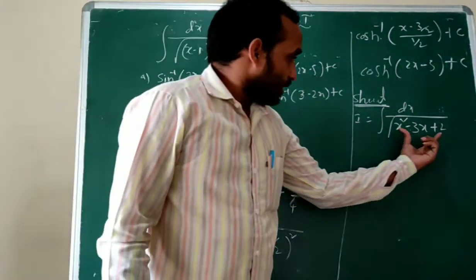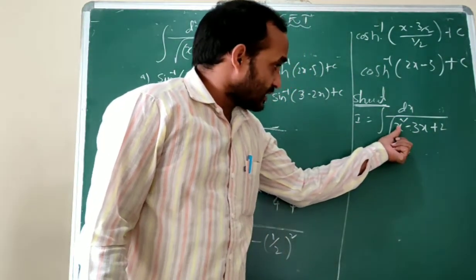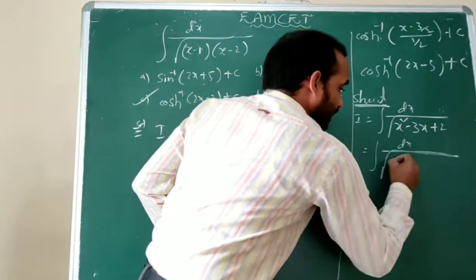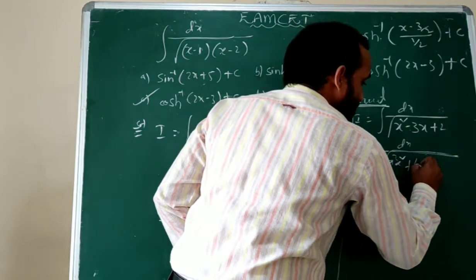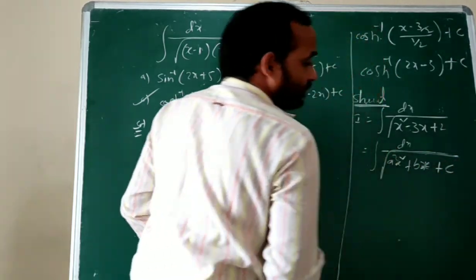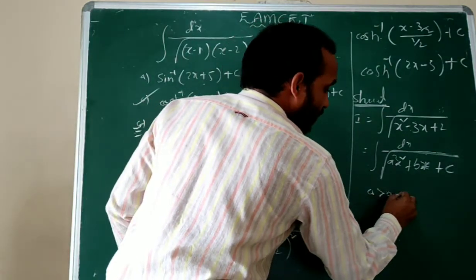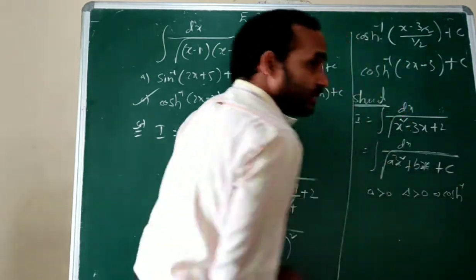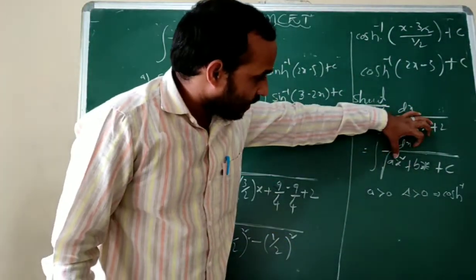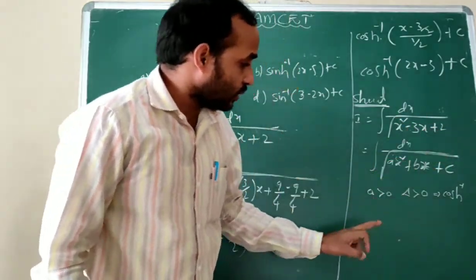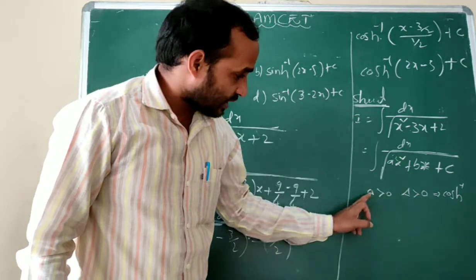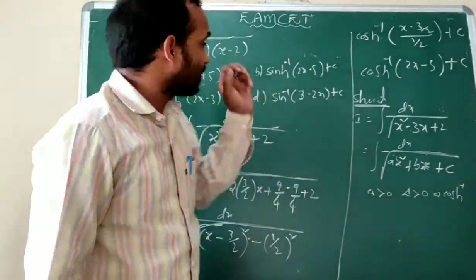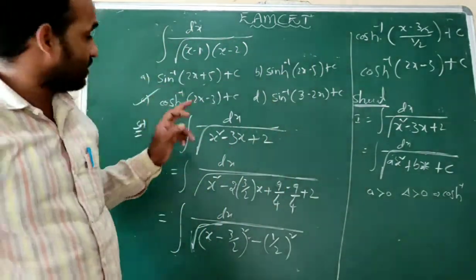First of all, this is a quadratic; the x square coefficient is a. Comparing with integrating dx by under root of ax square plus bx plus c, if a is greater than 0 and discriminant is greater than 0, that implies the cos h inverse formula. You have to remember that. So C is the correct one.